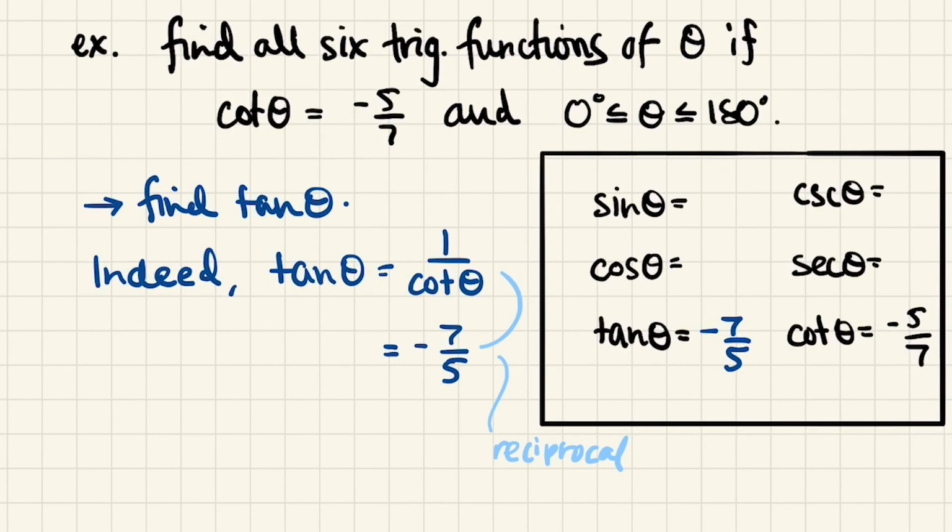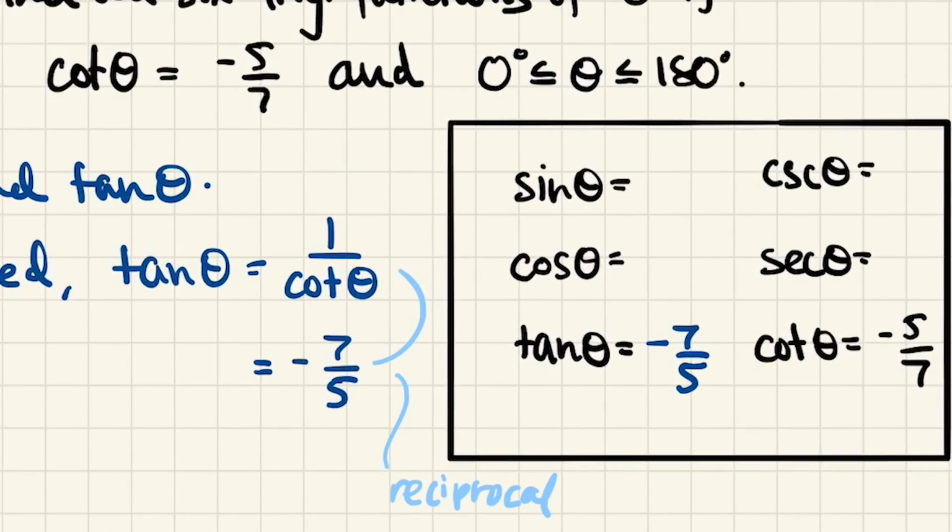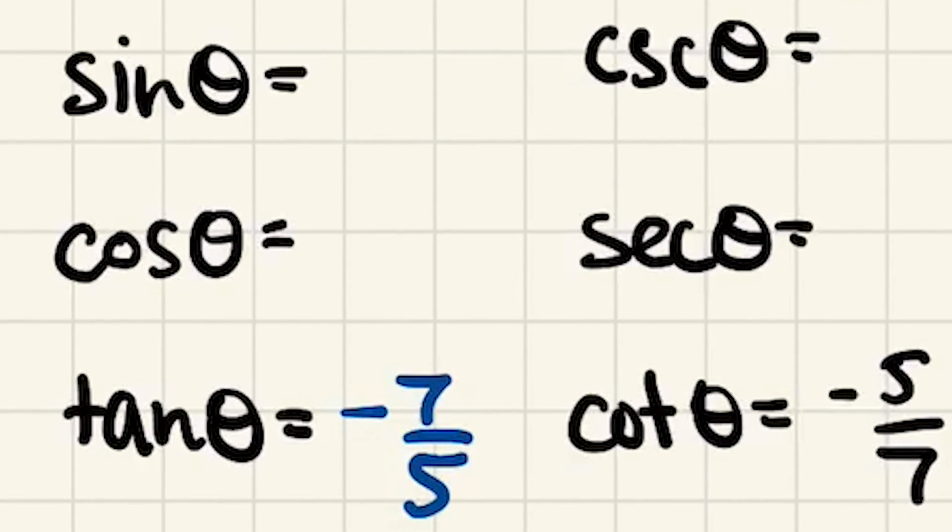Now, a really common error here that you definitely should not make is to say, oh, well, we have tangent. It's negative 7 over 5. And we know that tangent is sine over cosine, which must mean that sine is negative 7 and cosine is 5. And that is definitely not true.